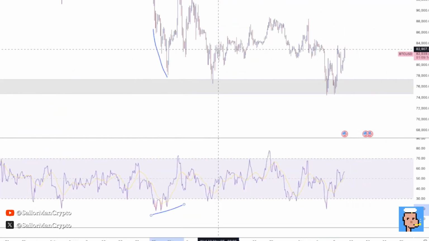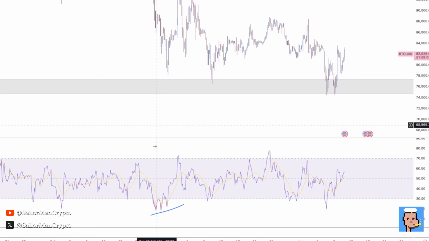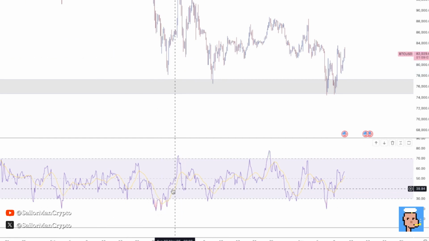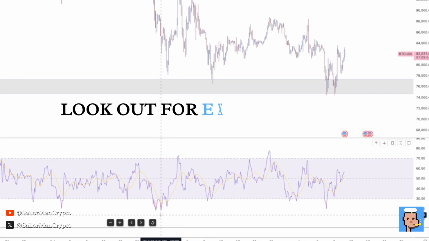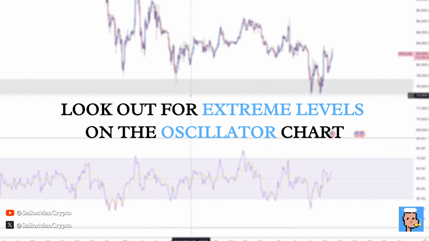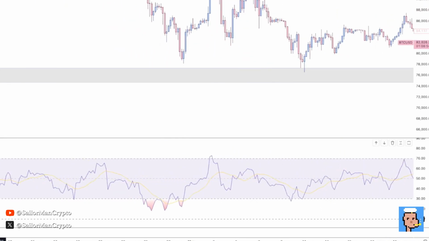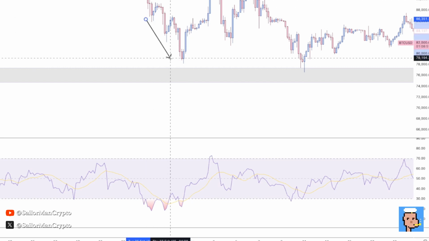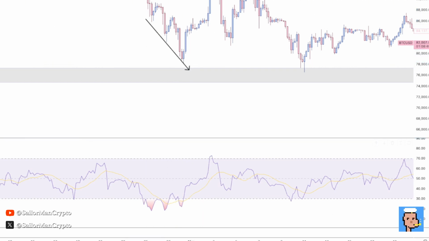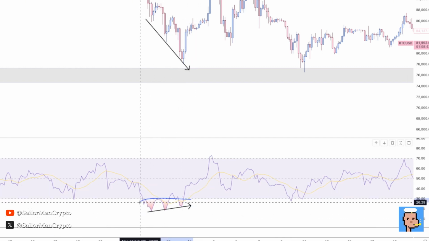So what you want to see? You want to see price reaching a support and resistance level, and the RSI, to signal you a reversal, should also be in the extreme of the oscillator diagram. Like this one that we mentioned here, just to show it clearly. Price was moving down, RSI was moving up, and this divergence occurred in a clear oversold territory, so at the extreme.